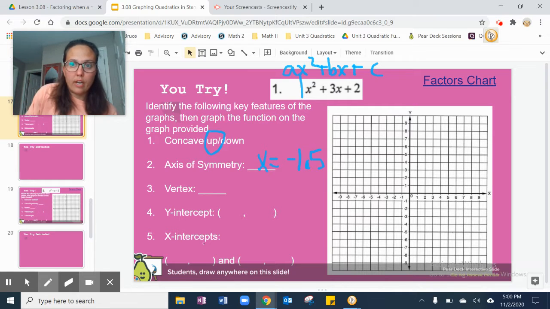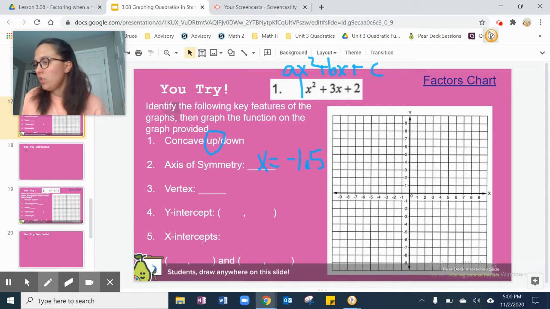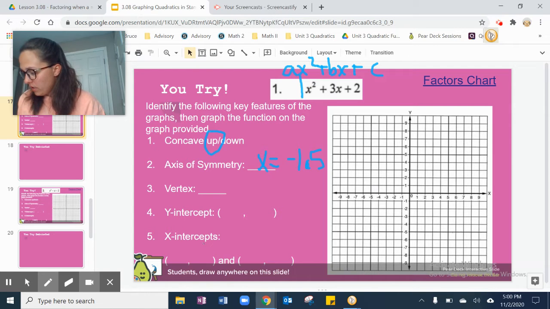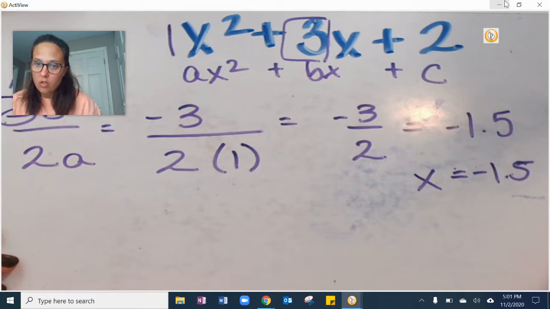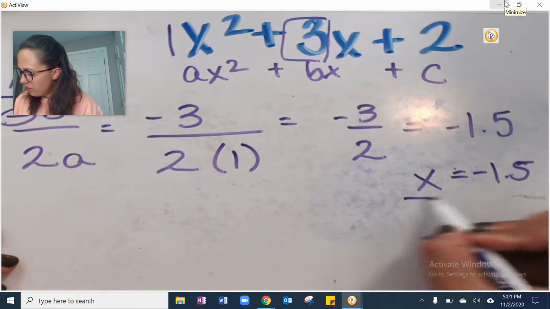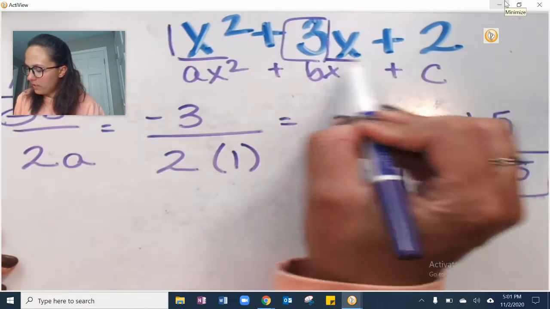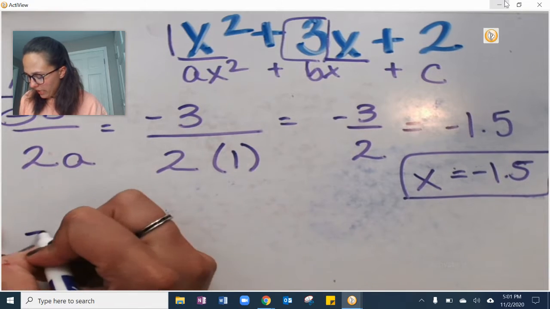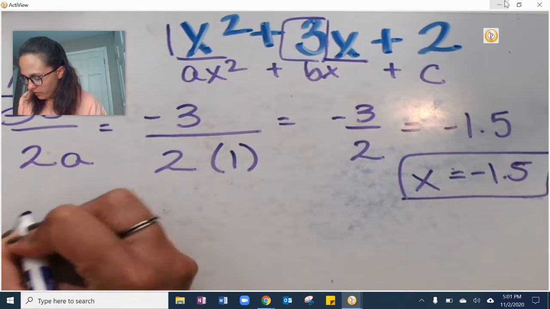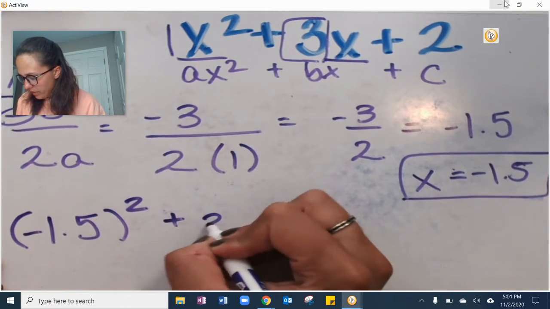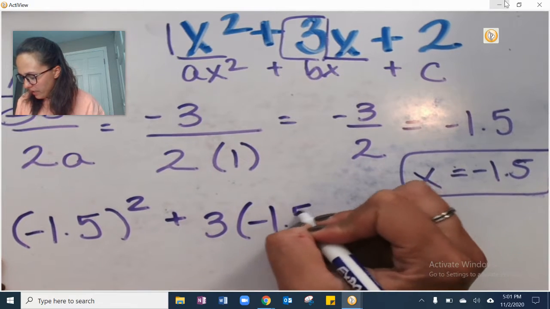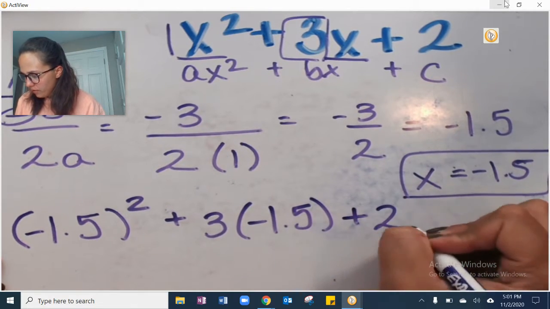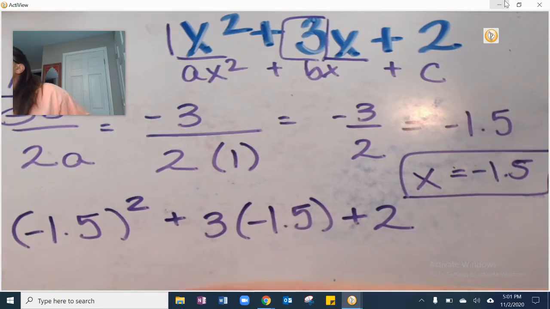What is the vertex? So the vertex is going to require us to plug negative 1.5 back into the equation wherever we see an x. So it'll be negative 1.5 quantity squared plus 3 times negative 1.5 plus 2. I'm going to use my calculator for this.